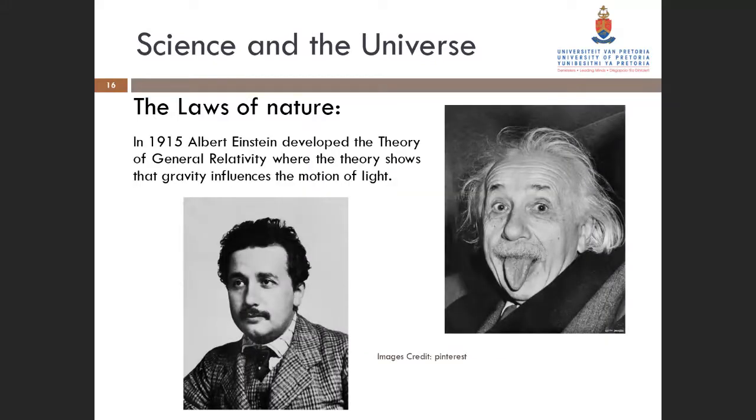So, the laws of nature. So, going to black holes. In 1915, Albert Einstein developed the theory of general relativity, where the theory shows that gravity influences the motion of light. So in these images, we can see an old Albert Einstein and a young Albert Einstein.